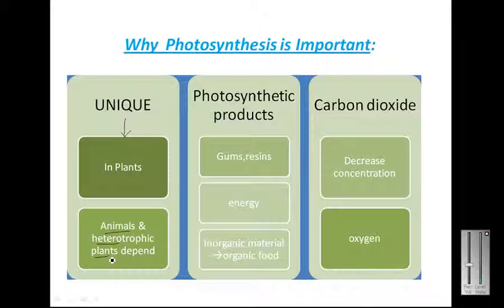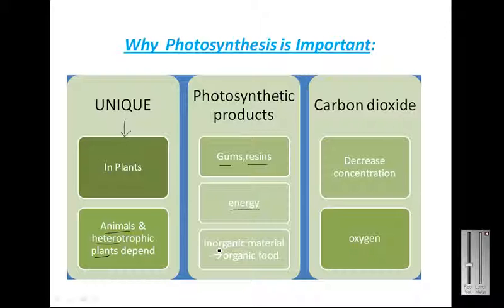So we can say these animals and heterotrophic plants are dependent on these autotrophs for their food, for their survival. At the same time, we get a lot of photosynthetic products which are produced by trees and plants. We get fruits, gums, resins, wood. These products are utilized as food to get energy for doing work.